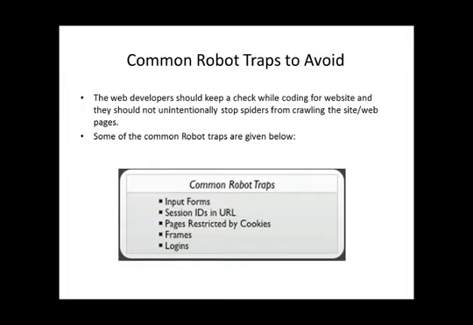The first thing would be input forms. Input forms are kind of a trap for robots.txt, because if it's an input form, the Google robot will not go out and index all the other pages when it gets into input forms.